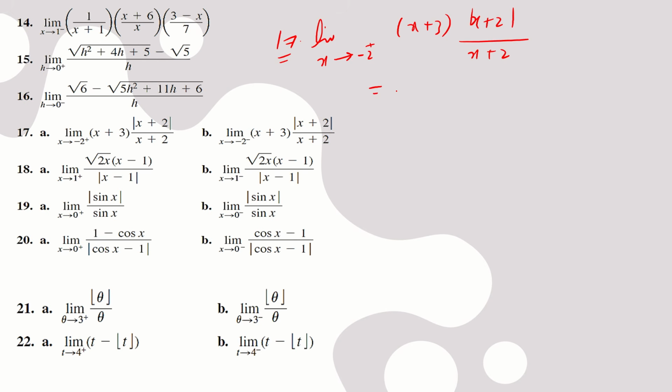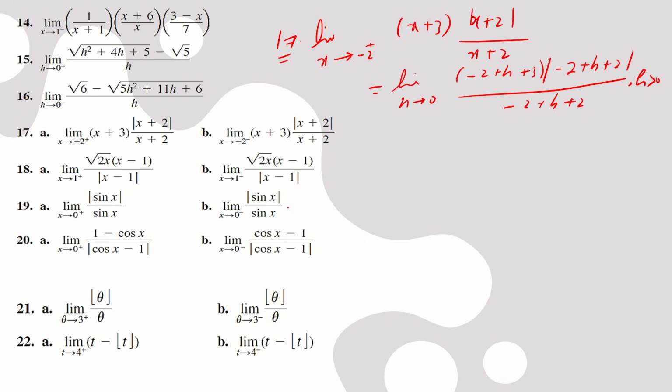So what will we do? We'll just replace the limit with h goes to 0 and replace x everywhere with minus 2 plus h: minus 2 plus h plus 3, into absolute of minus 2 plus h plus 2, divided by minus 2 plus h plus 2, with the condition h should be greater than 0. So in this case, we just cancel these together.